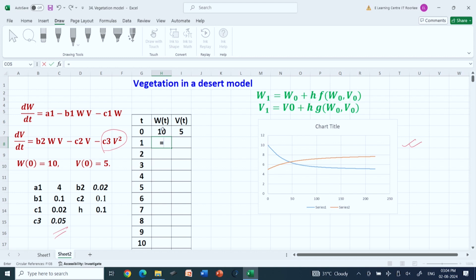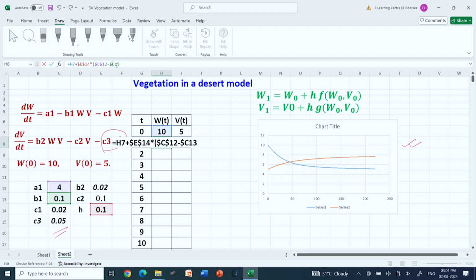So, this is equal to the initial value plus h, which is a constant, multiplied by a1, again a constant, minus b1, again a constant.